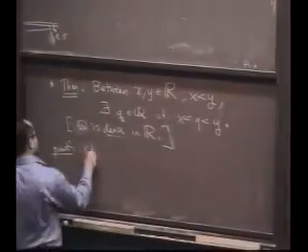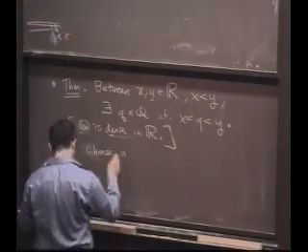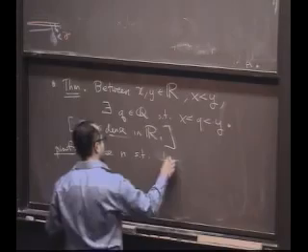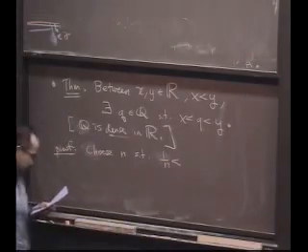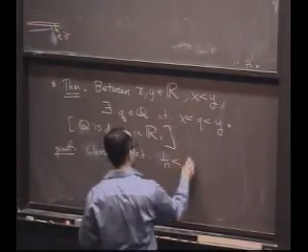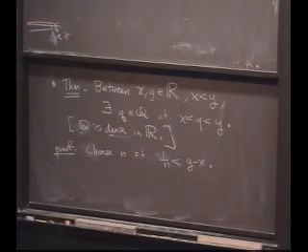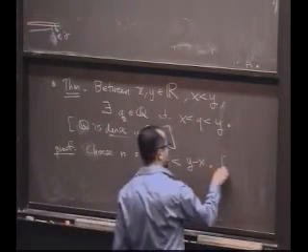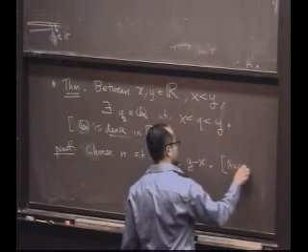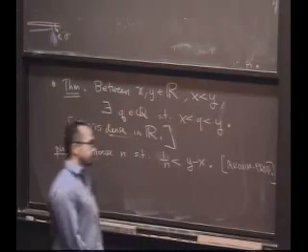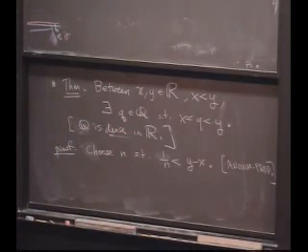So let's choose n such that 1 over n is less than the distance between y and x. You can't stop me from doing that, and this is the Archimedean property. That's one place we've used it.